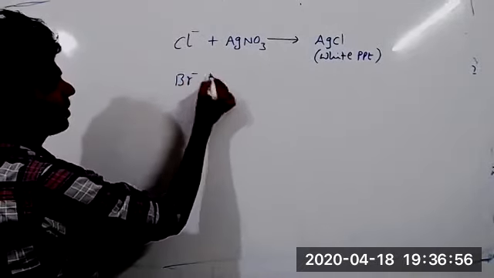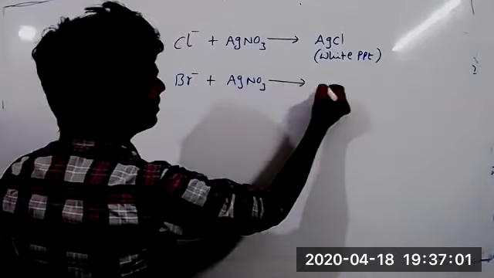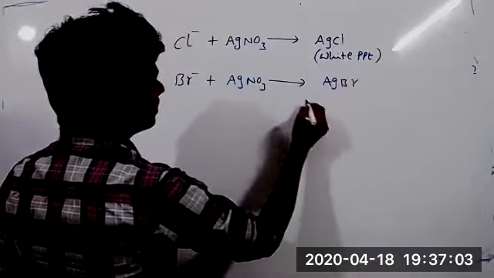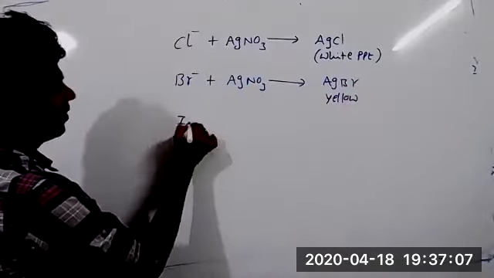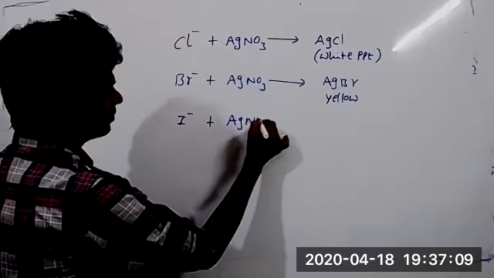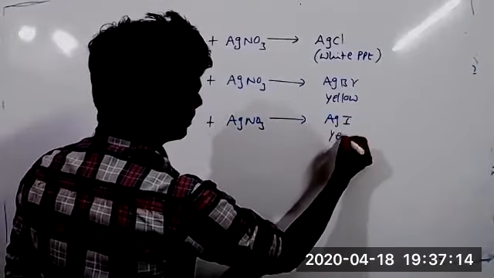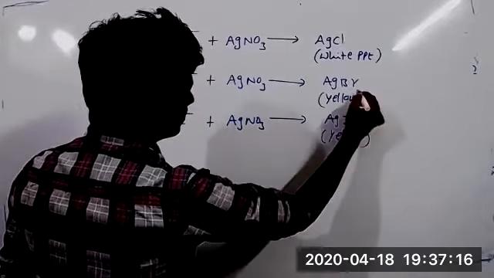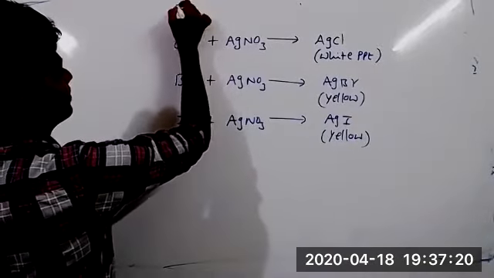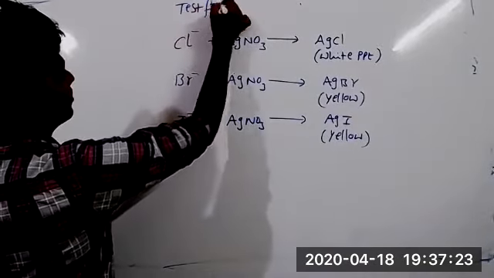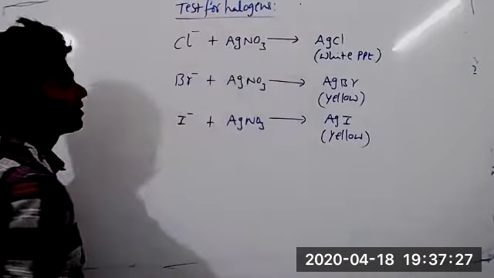Suppose a solution has bromide ion; its reaction with silver nitrate gives AgBr, which is yellow. Even iodine also gives yellow; silver iodide is yellow in color. This is a test for halogen.